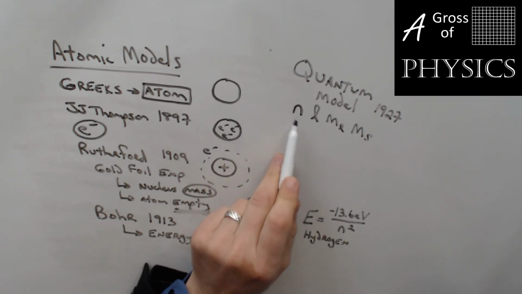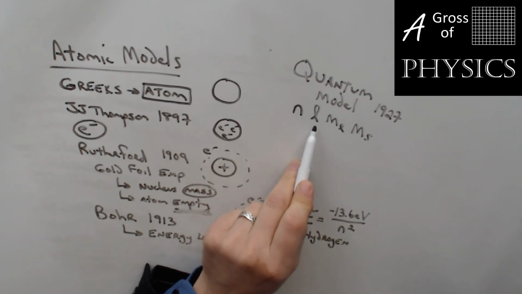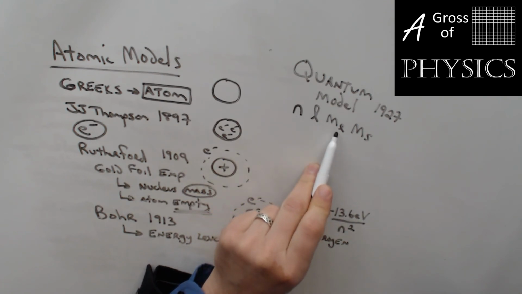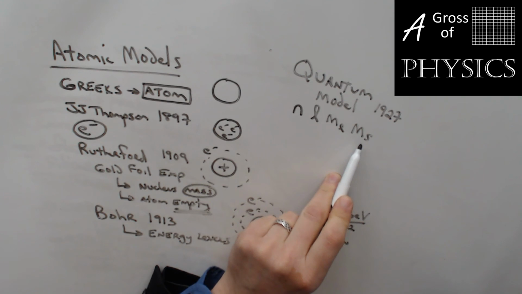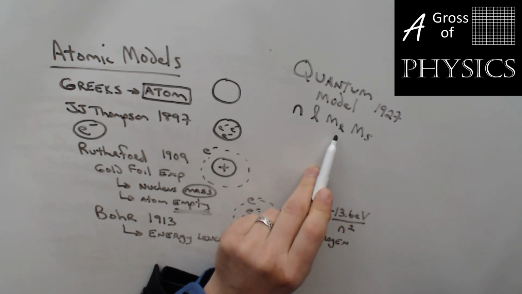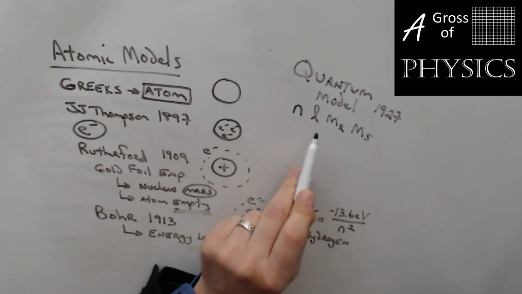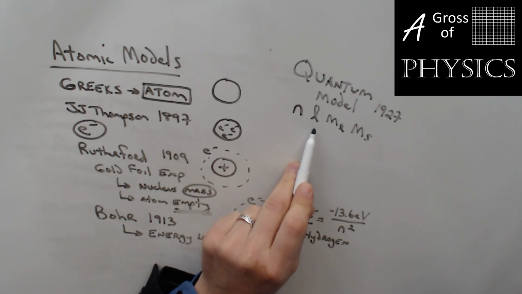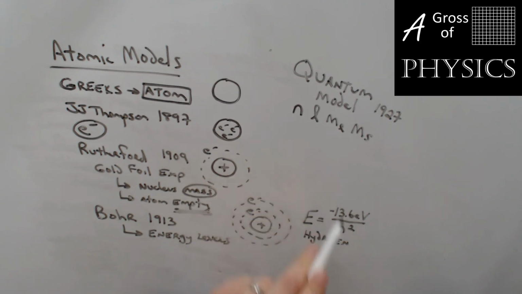We have the principal energy level, we have the angular momentum, we have the magnetic property, and the magnetic spin. And the spin can be either positive or negative. The magnetic properties can be different, and each electron can have a specific number. Angular momentum has a specific value, and the one value that continued from the Bohr model is the principal energy level.